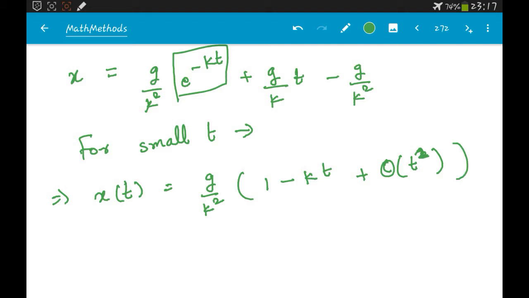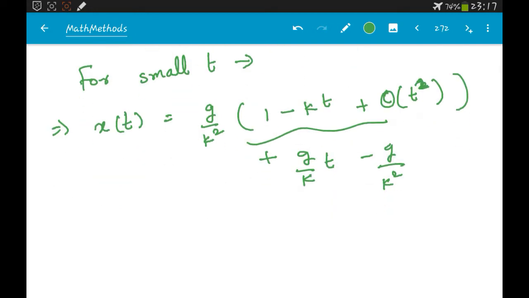If this is our exponential part, then we have the other part, which is g by k into t minus g by k square. So obviously we will get g by k square minus g by k into t.